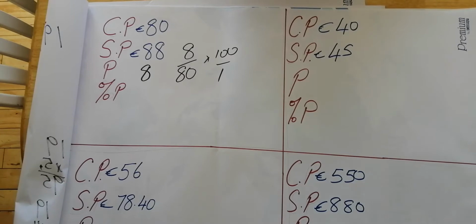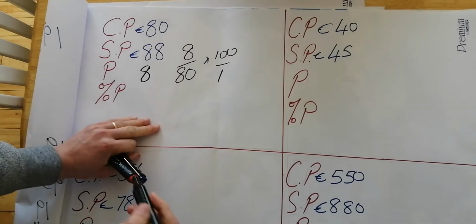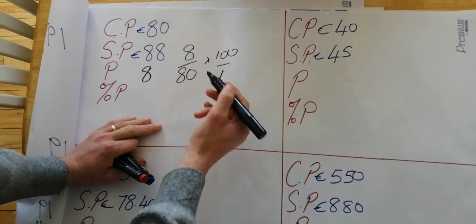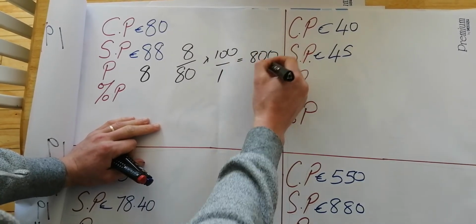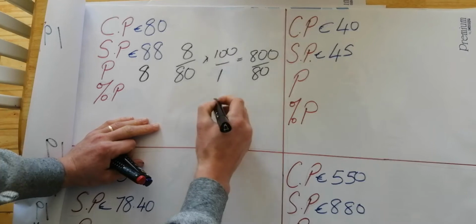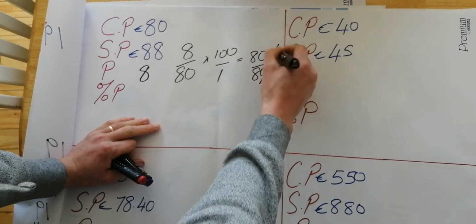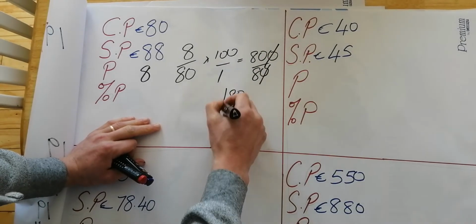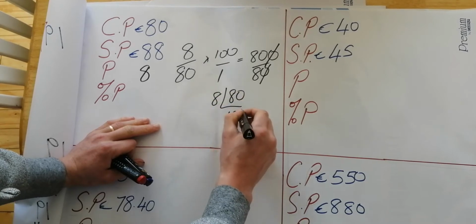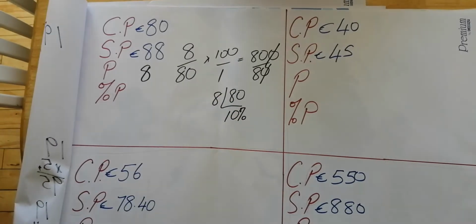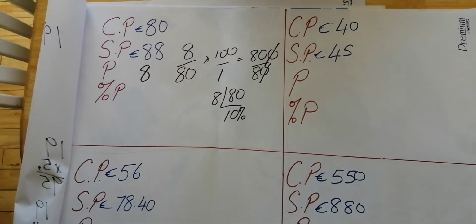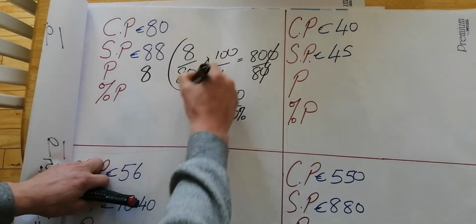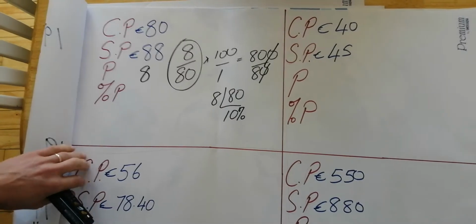But in case you didn't see that, we'll just simplify it down. So we've got 800 over 80. If you know that that's 1/10 in your head, you're going to cut out all this nonsense that you don't need to do. Okay, so answer was 10%.